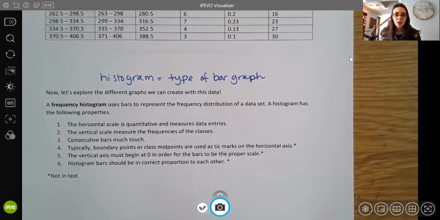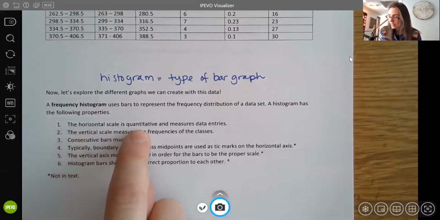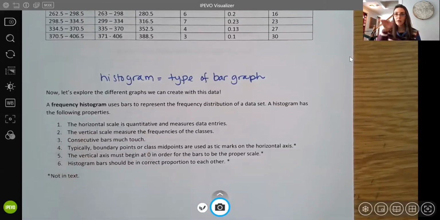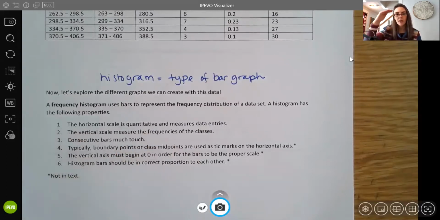So things that you're going to notice is that the horizontal scale is quantitative. So your horizontal axis is quantitative. So it's going to have numbers on it that measure the data entries. Your vertical scale, so your up and down, that would be like your y-axis, measures the frequencies.